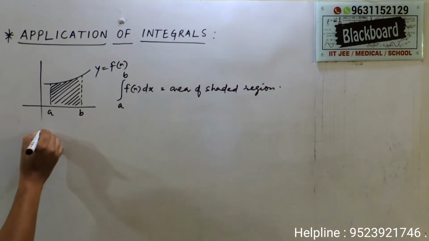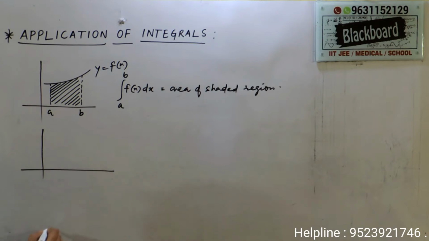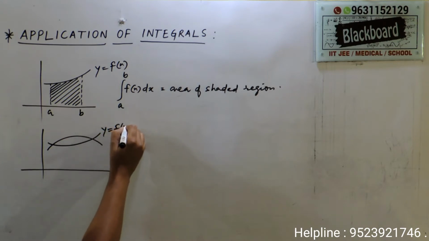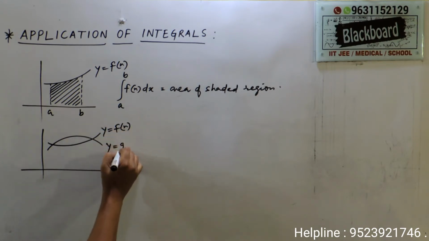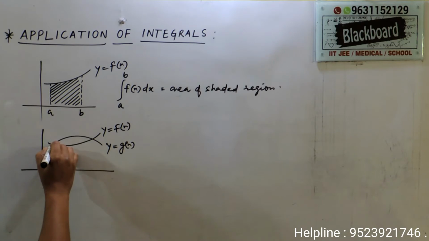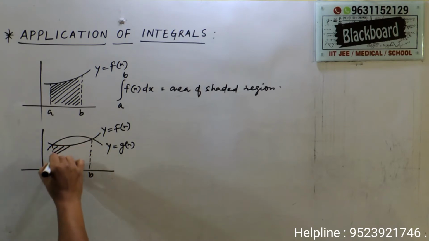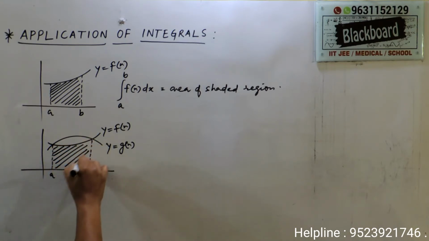Now second, let you have to find the area between y equals f(x) and y equals g(x), from a to b, and you have to find this area.